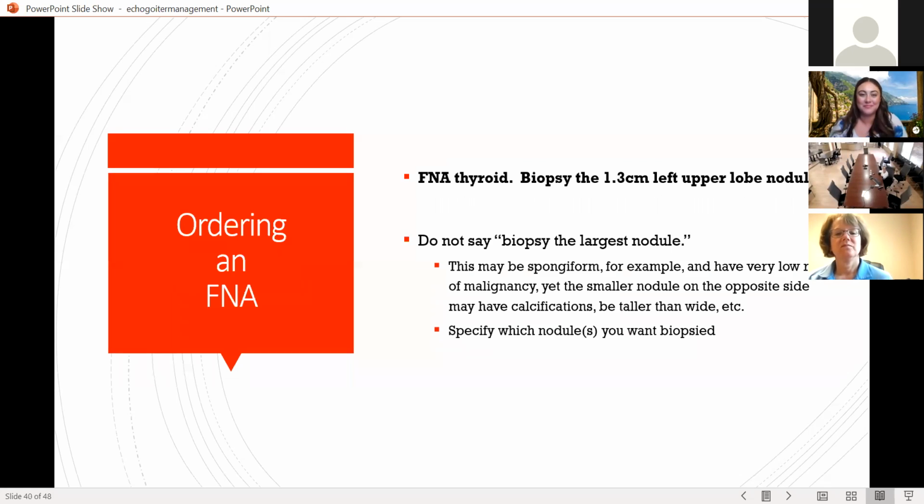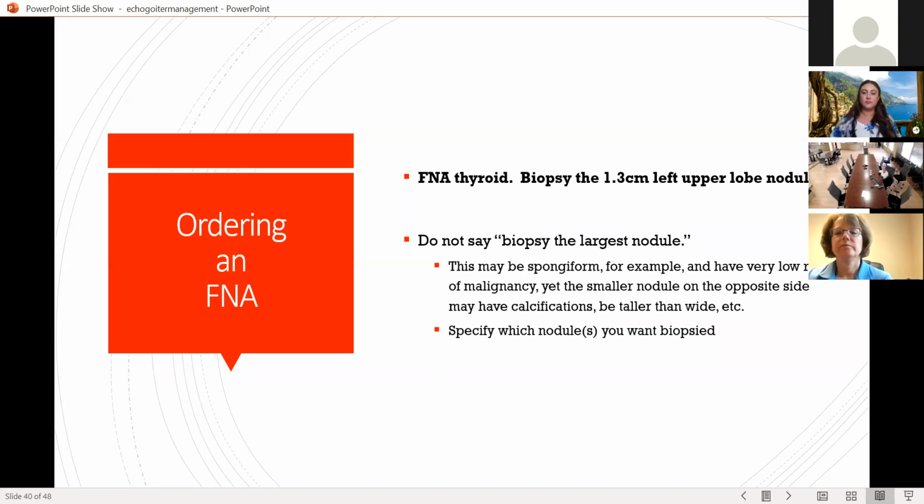Next slide. So this is how I write my ultrasound FNA requests. When I put the order into Epic or write it on a prescription pad, I write FNA thyroid nodule biopsy the 1.3 centimeter left upper lobe nodule.